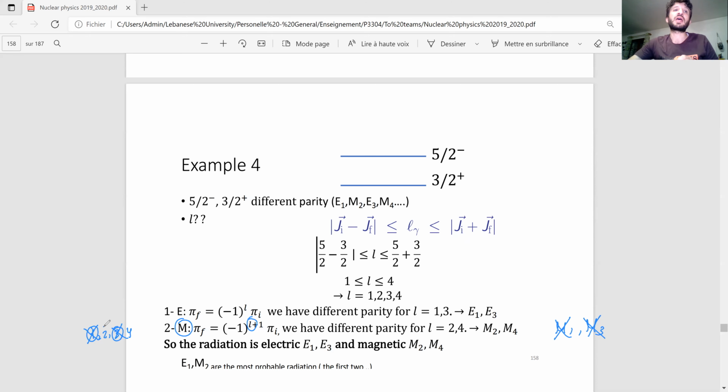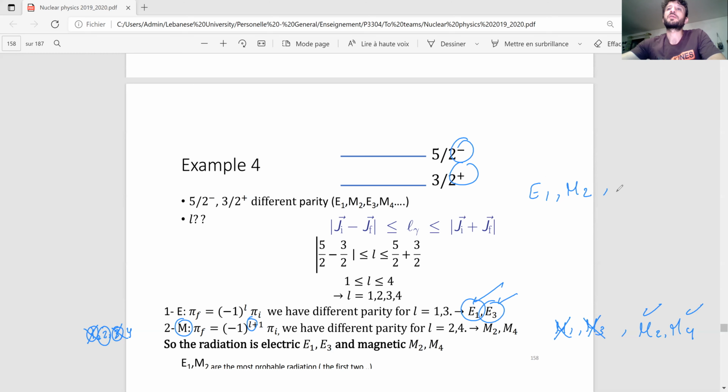If you put L equals 4 and L equals 2, we get pi final equals minus pi initial, so we respect the condition. In this case, we have M2 and M4. And here we have E1 and E3. So the good result will be E1, M2, E3, M4.